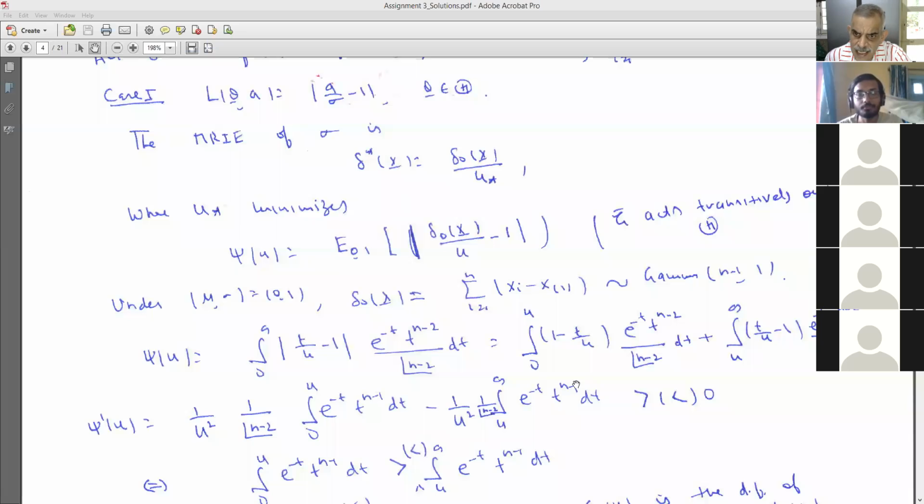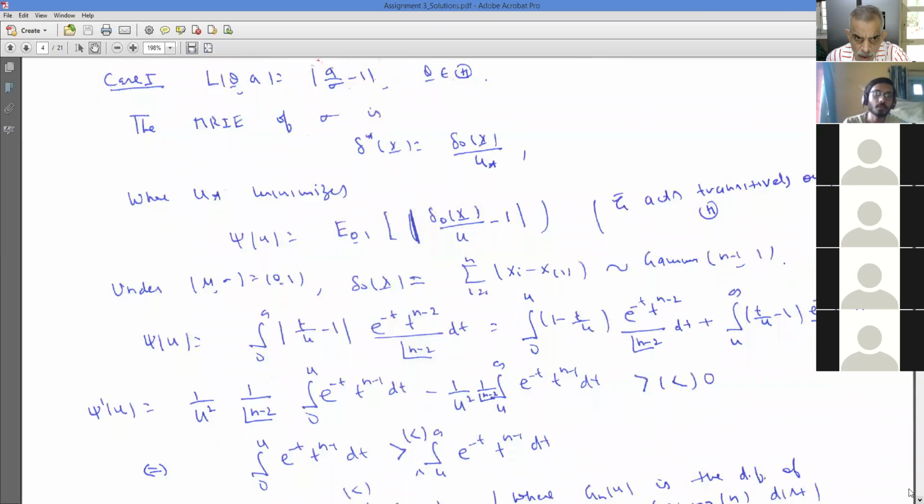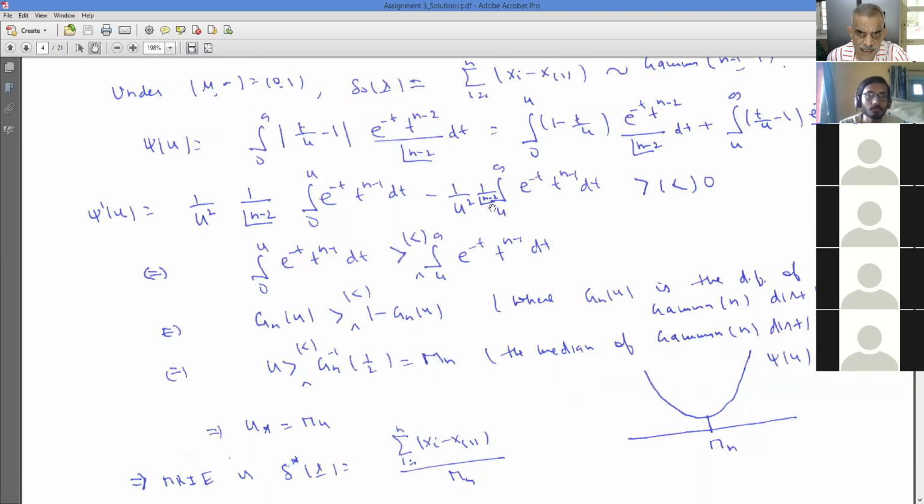So I look at the increasing and decreasing behavior of this function: whether this is greater than 0 or less than 0. U square vanishes, factorial n minus 2 vanishes, so the integral from 0 to u of e to power minus t, t to power n minus 1 dt is greater than or less than the integral from u to infinity of e to power minus t, t to power n minus 1 dt.